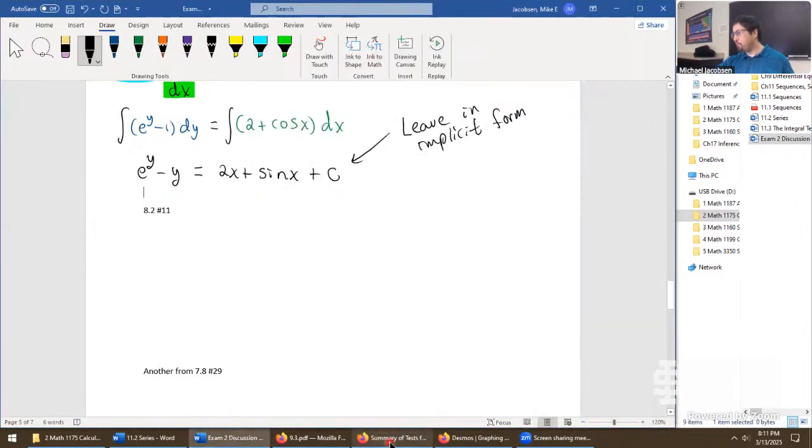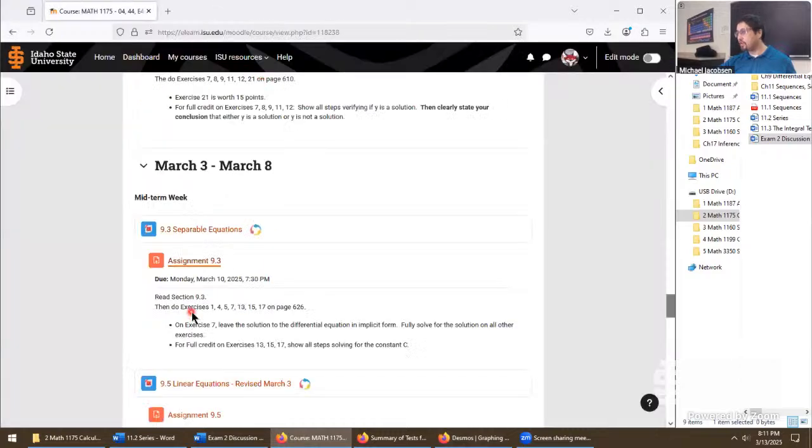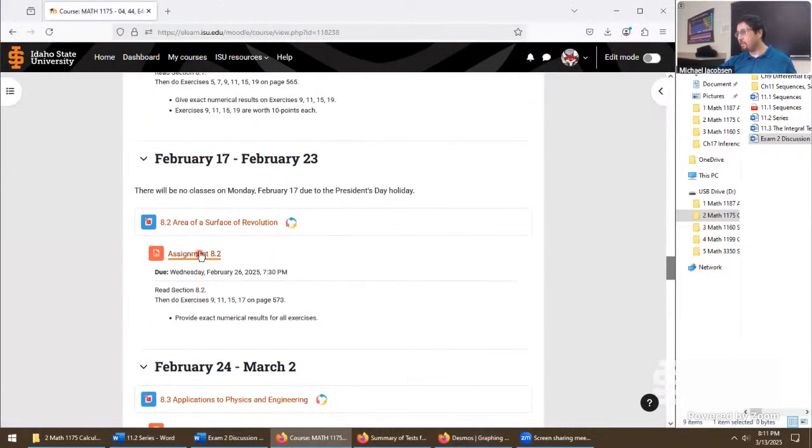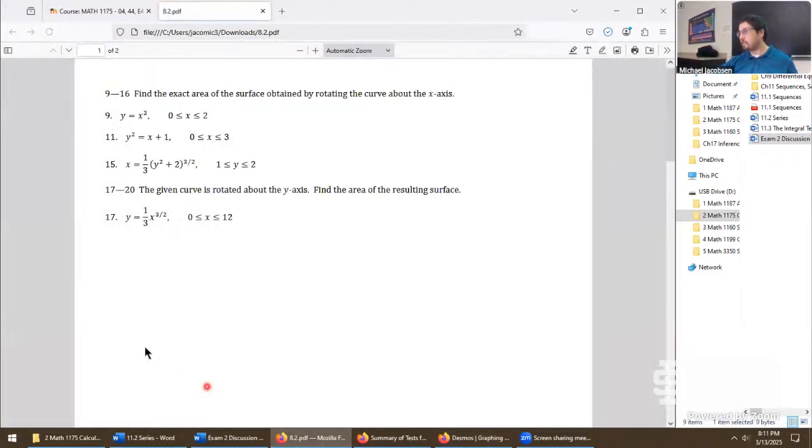Trying to remember what was 8.2. Surface areas. So here we go. And yeah, good memory on that. So we want to find the exact area of the surface rotating this about the x-axis.